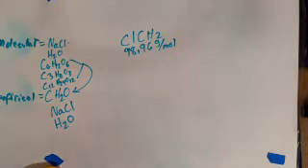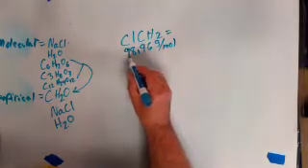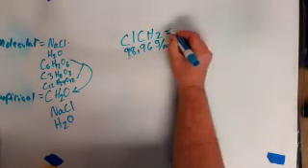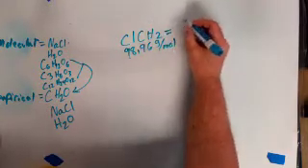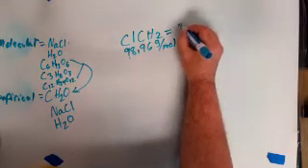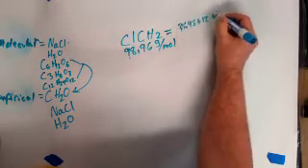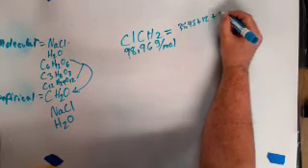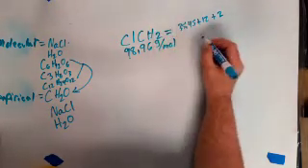All right, so then we've got to find the mass. Now this is the mass of the empirical formula. So we're going to find the mass of this ClCH2. So chlorine is 35.45, carbon is 12, hydrogen is 1, but we're going to call it 2 because it's H2.